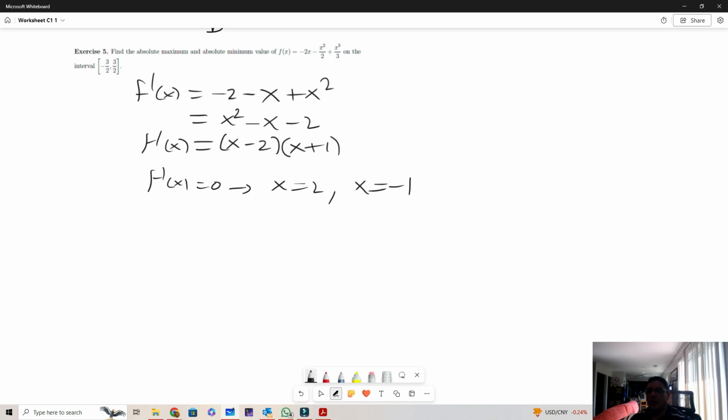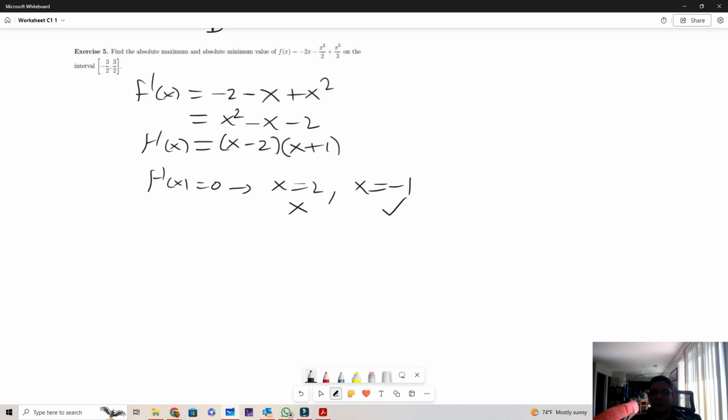Okay. Notice that in this interval -3/2 to 3/2, this one is actually in there, but this one is not, since 2 would be 4/2, and we're only going up to 3/2.